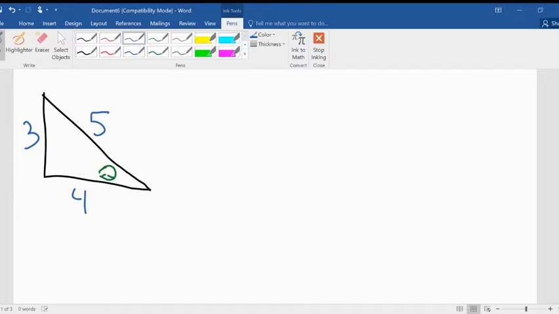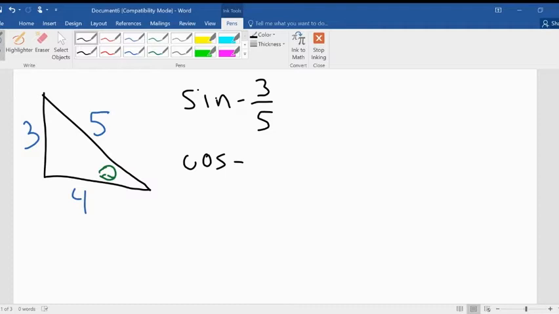So if I want all six ratios of theta, sine is opposite over hypotenuse, so the opposite of theta is 3 over the hypotenuse, 5. For cosine, it's adjacent.